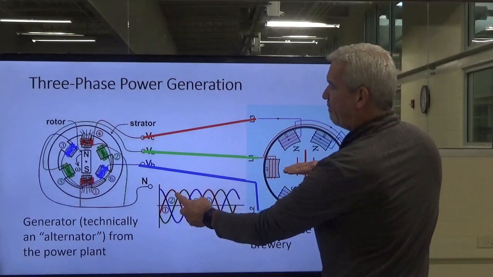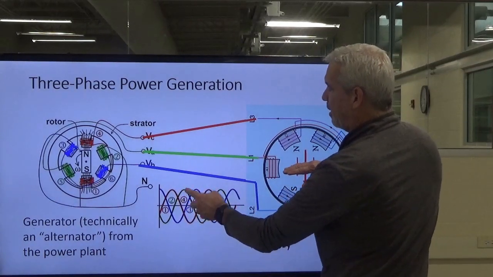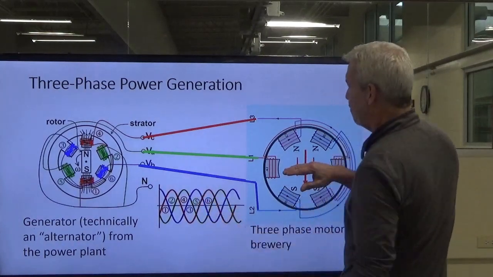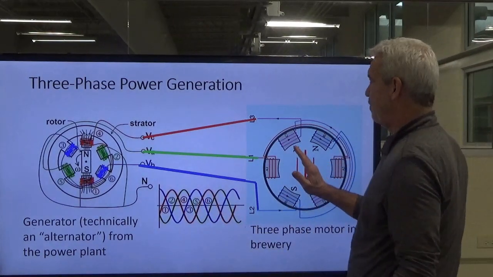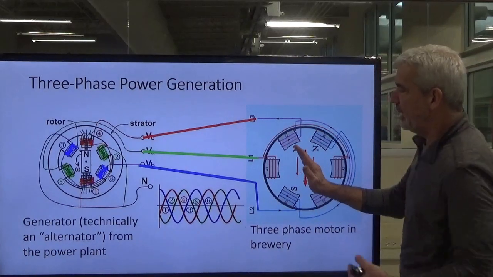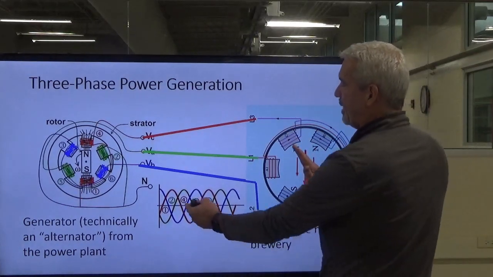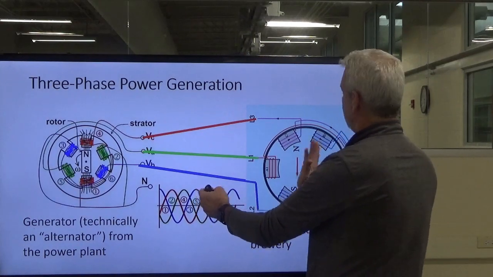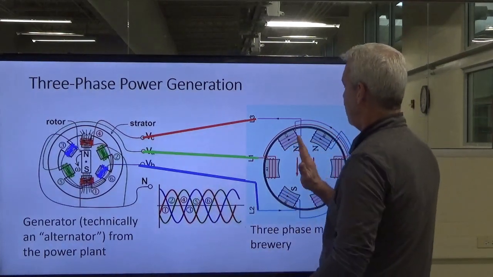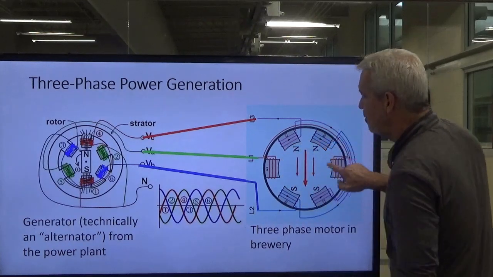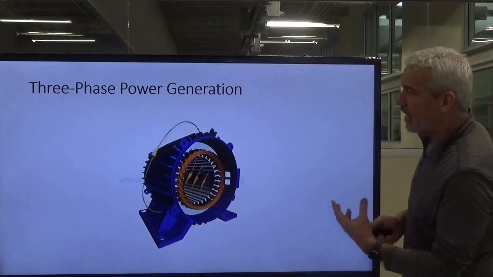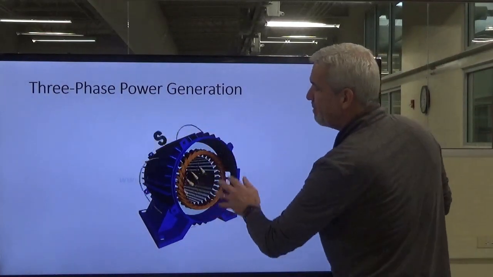As the red fades off and the green phase starts to build, it will align itself with the green one, which is a different color here, but it will align itself this way. And then as the blue one builds in strength, these magnets will be the strongest, and it will align itself with this. And it continues in this circular pattern, okay? And we create a rotating magnetic field.